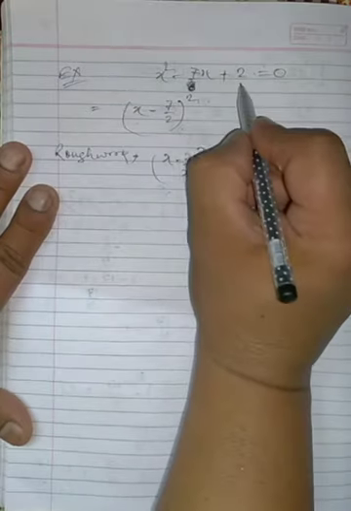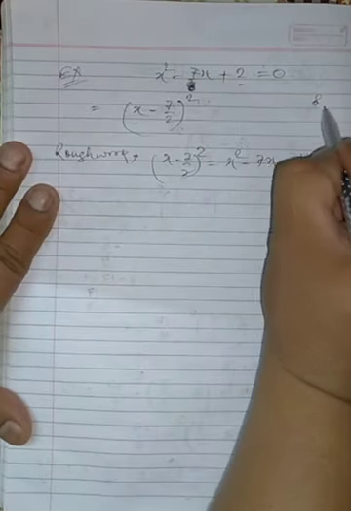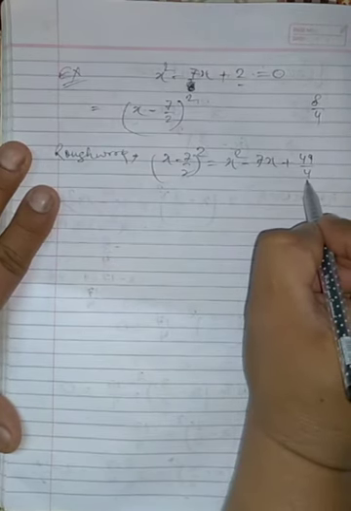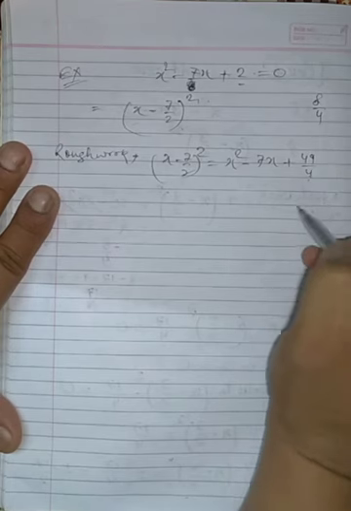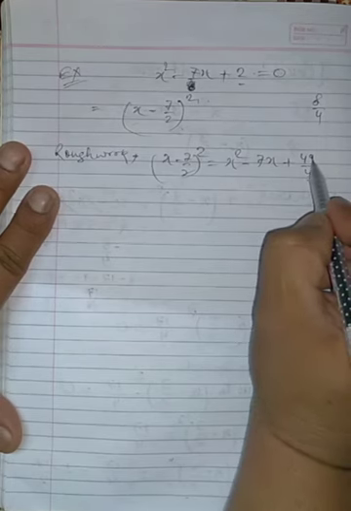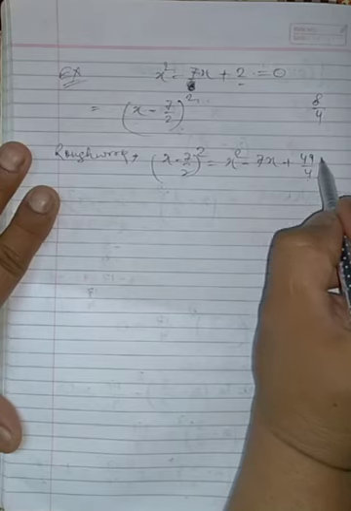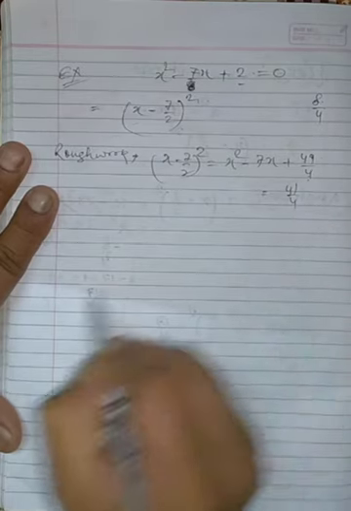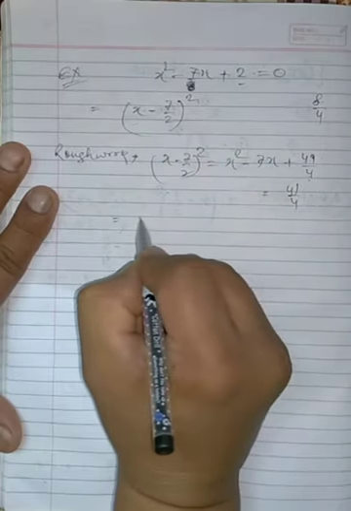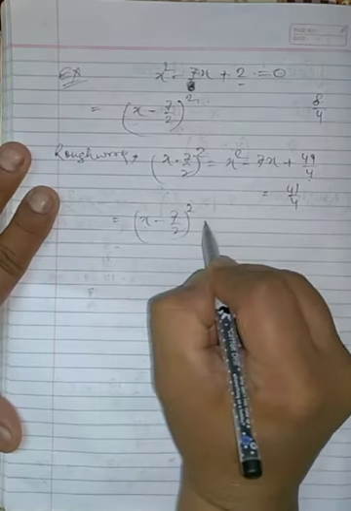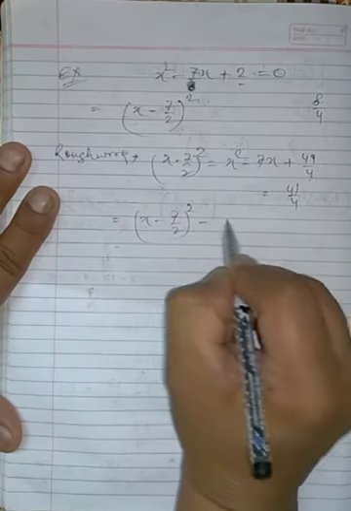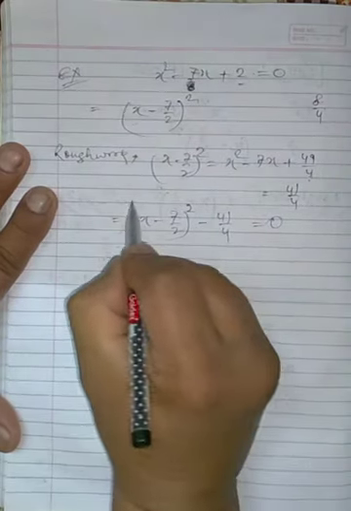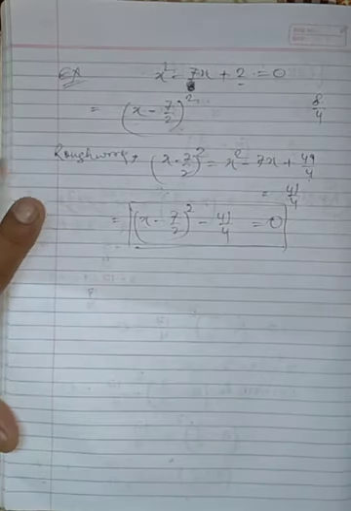Okay. Now we have 2 here, so 2 can be written as 8 upon 4. We are getting 49 upon 4. Required number is 8 upon 4. So what to subtract from 49? 49 minus 41 will be equal to 8. That means the required number is 41 upon 4. Right? So the answer is x minus 7 upon 2 the whole square minus 41 by 4 is equal to 0.